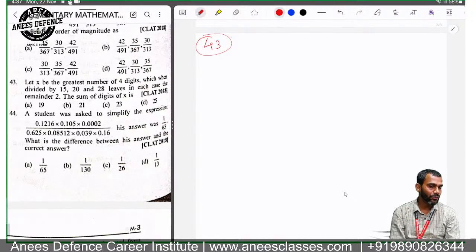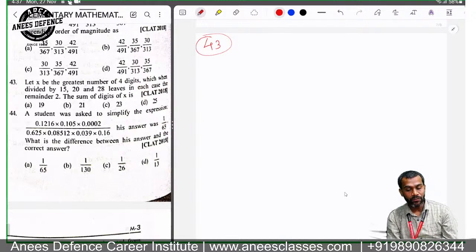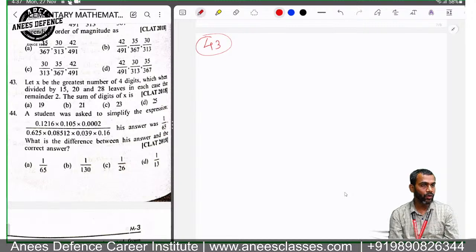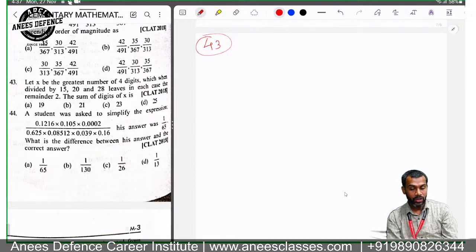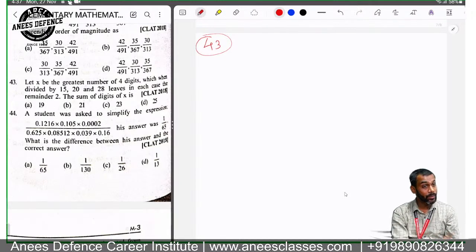If you divide 46 by 15, what is the remainder? 1. Now, if you divide 46 by 45, what is the remainder? 1 only. Why? Because 45 is a multiple of 15. That is why we get the same remainder.